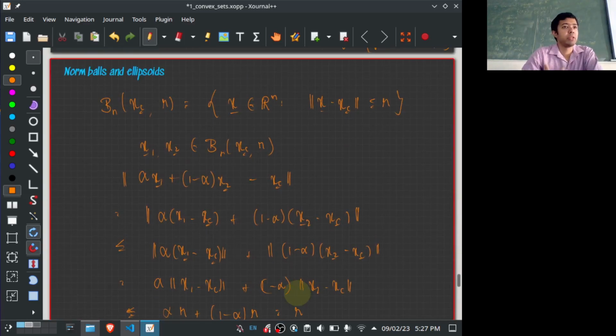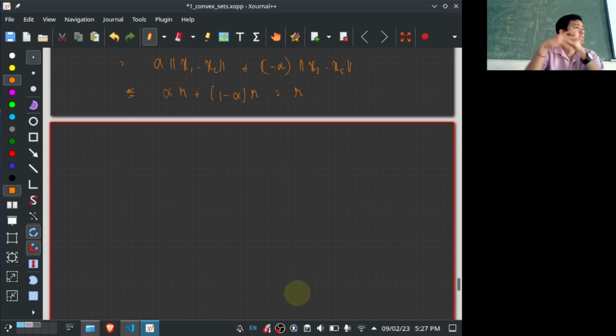Now, just as we defined a ball, which is the generalization of the circle to higher dimensions, we can also define an ellipsoid, which is a generalization of the ellipse. And how do we define this? It's basically just an affine or linear transformation of a ball.